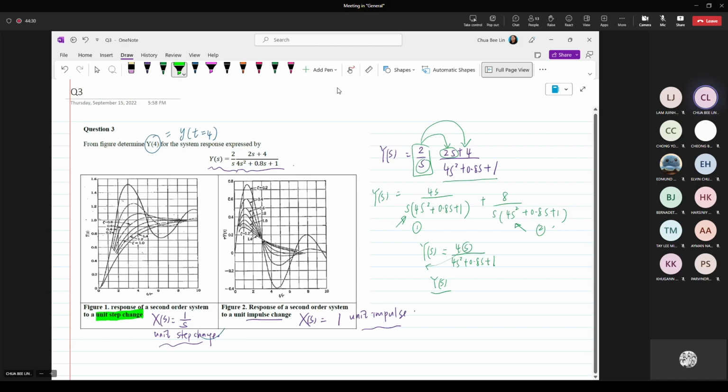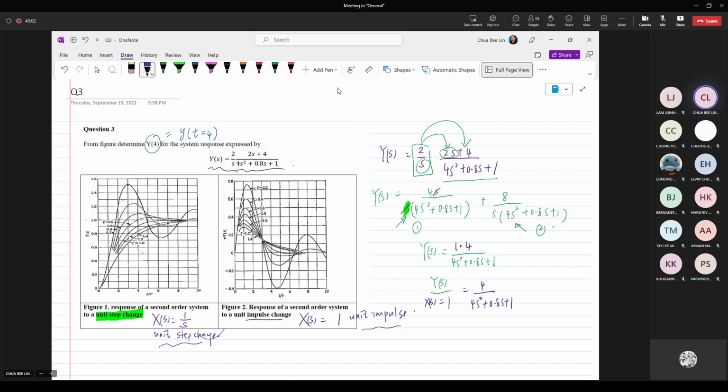So you suppose already cancel the s. Cancel, cancel. So it will be just 4 on the top. This is just like you multiply with 1, so you move your X(s) equals to 1. Then left with 4 over 4s squared plus 0.8s plus 1.